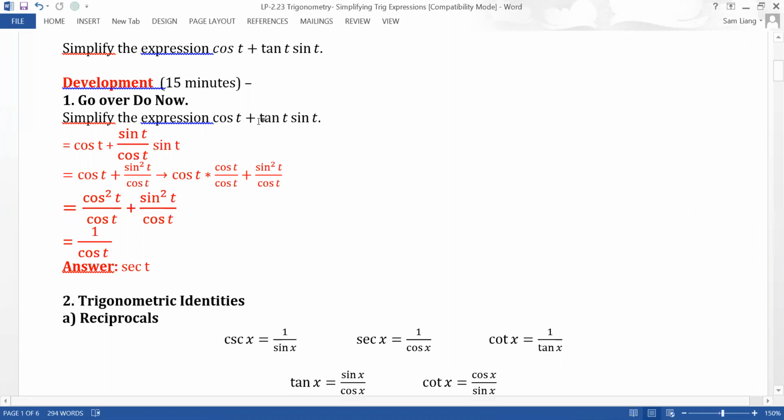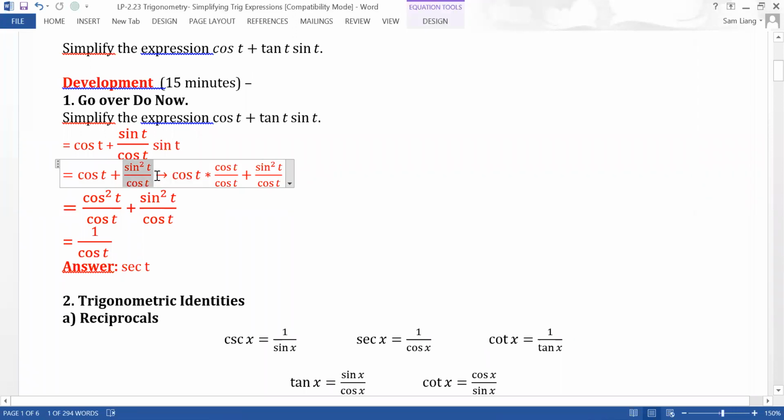So basically I rewrote the expression. I rewrote tangent t as sine t over cosine t. So you have cosine t plus sine t over cosine t times sine t. And if you multiply sine t by sine t over cosine t, you get sine squared t over cosine t plus cosine t.